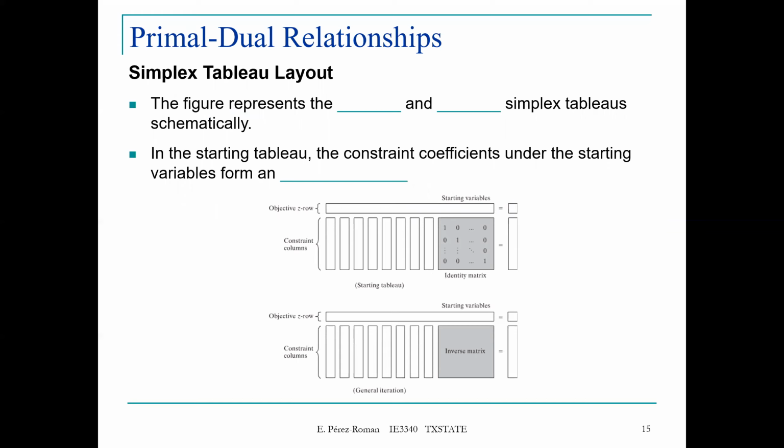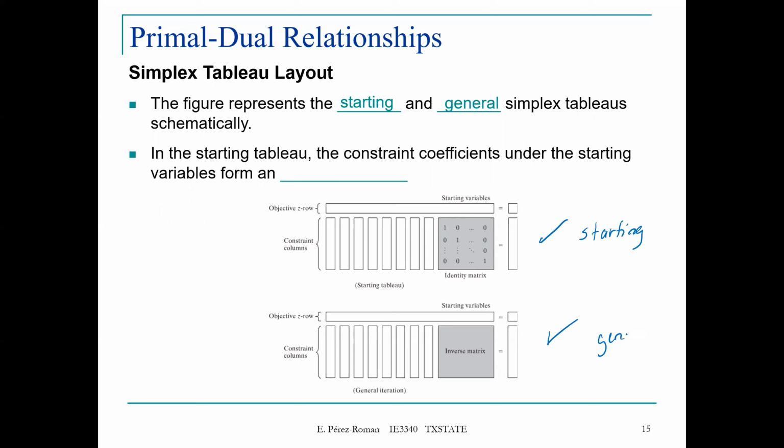So let's go back to the simplex tableau layout. The figure represents the starting and general simplex tableau schematically. So this is our starting tableau, and this is the general tableau.